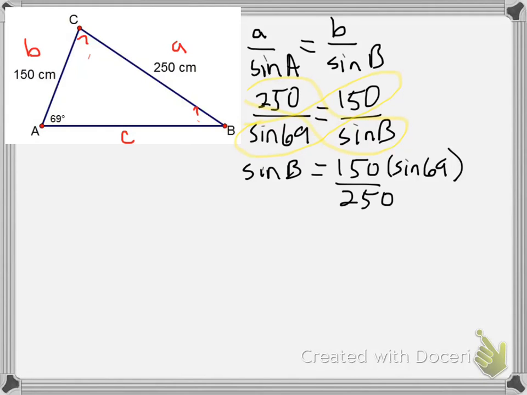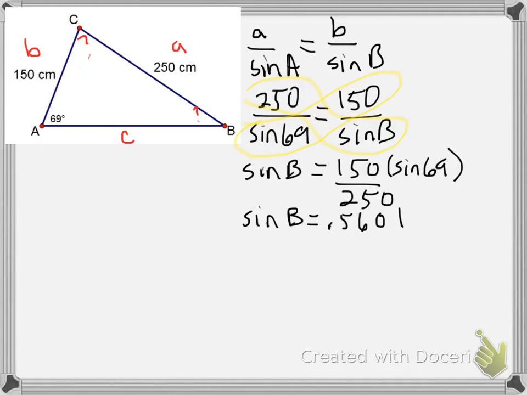So which means sine B equals, so I'm going to figure out what all that ratio is. So bear with me while I type it in the calculator. 0.5601.